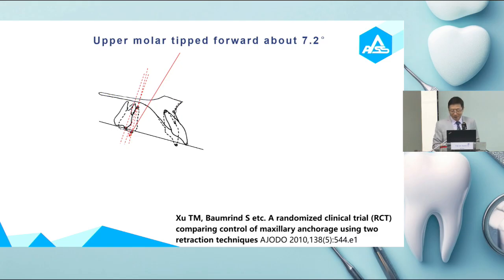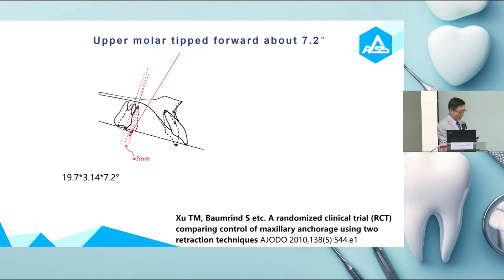How can we know how much anchorage was lost by the tipping movement? Or, 7 degrees of anchorage loss means how many millimeters of anchorage loss? We can actually use a formula to calculate it, right?